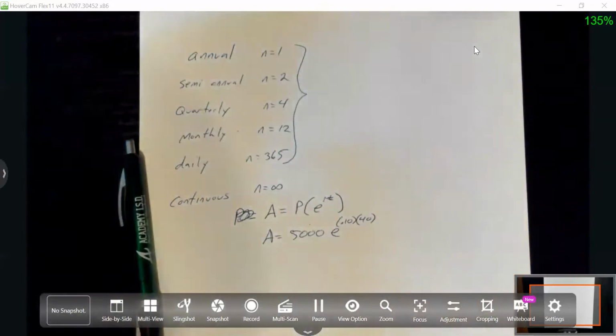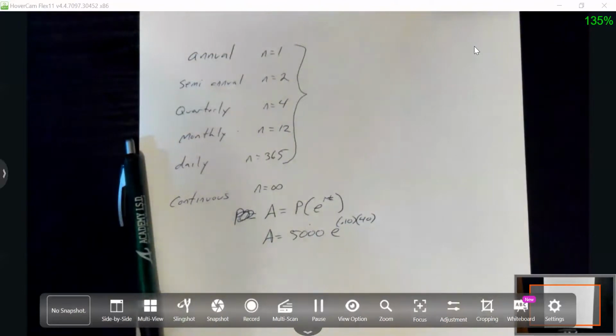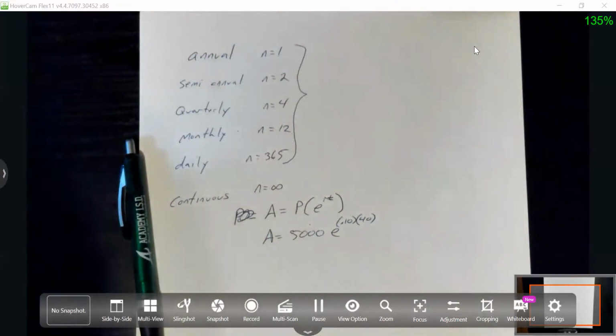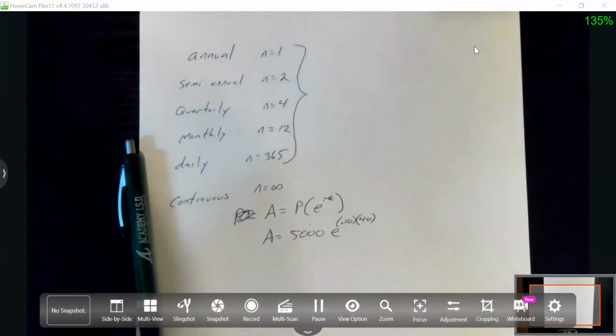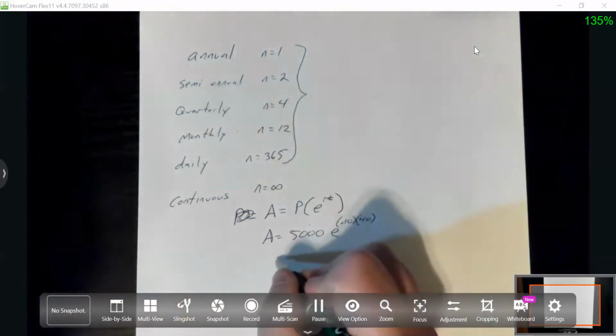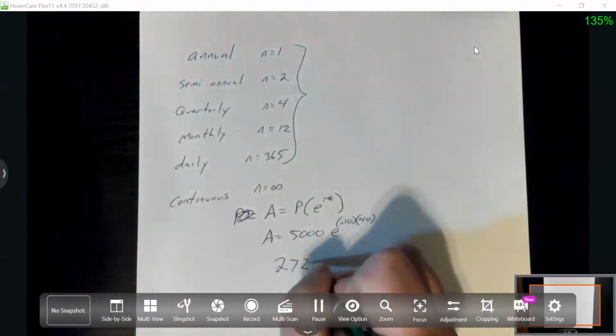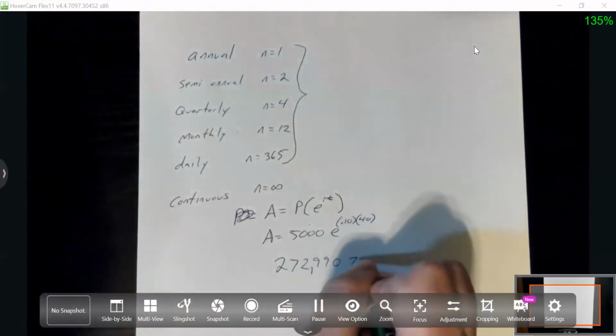It's actually a simpler equation. Dump it right back into your calculator again. So 5,000 e raised to the 0.1 times 40. And we find that the theoretical limit to these would be $272,990.75.